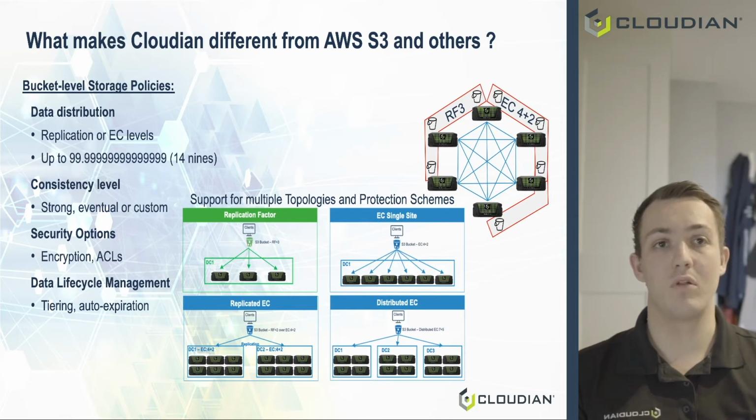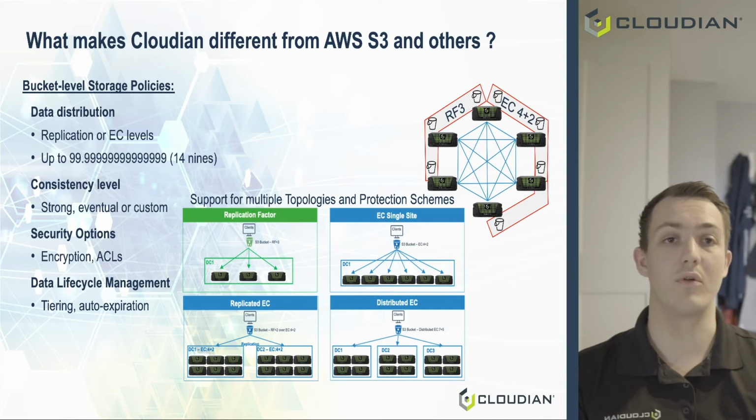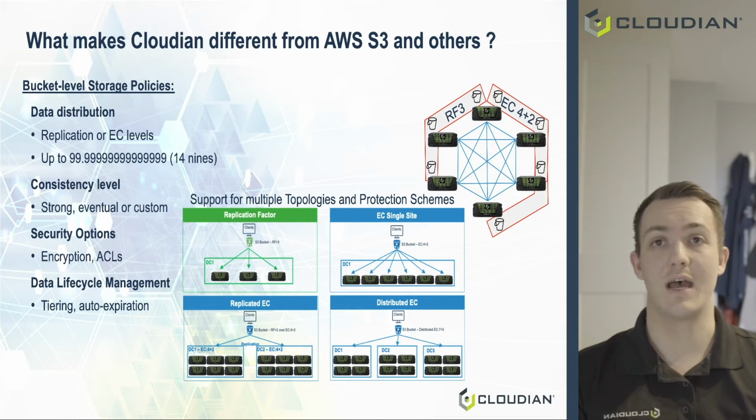For example, with distributed erasure coding, we can have up to 14 nines in terms of durability. Public Amazon only supports up to 11 nines. So you can actually build a more redundant S3 setup in your on-prem owned data center, or as a service provider running that as a service, than Amazon themselves do.